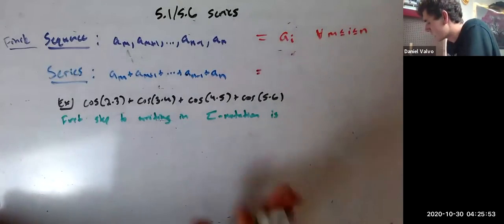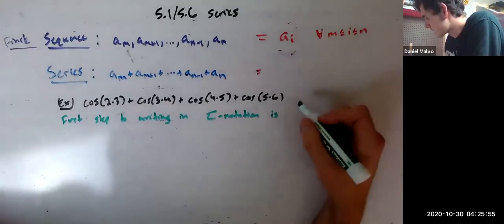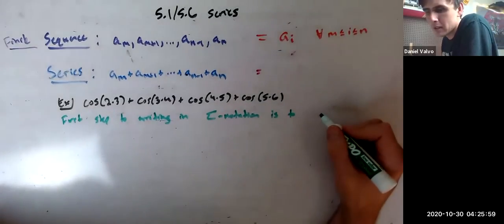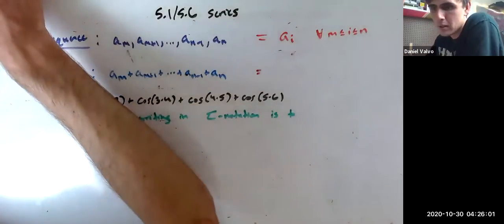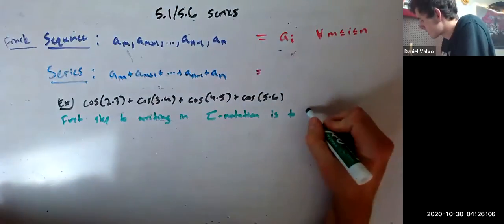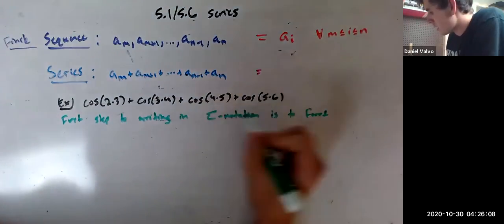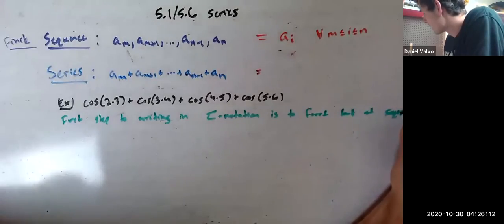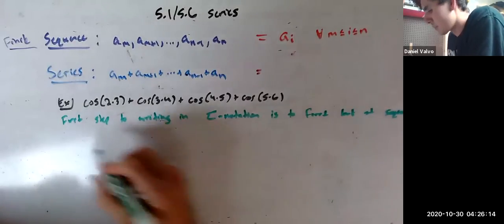First step of writing in sigma notation is to first look at the sequence of summands.